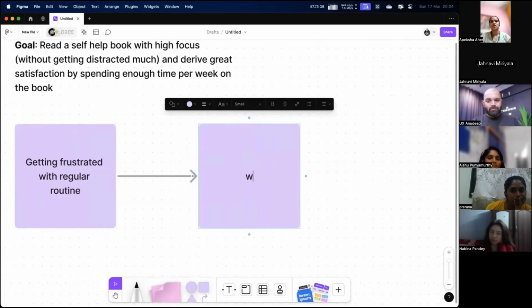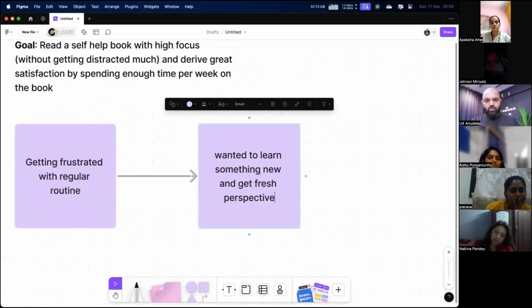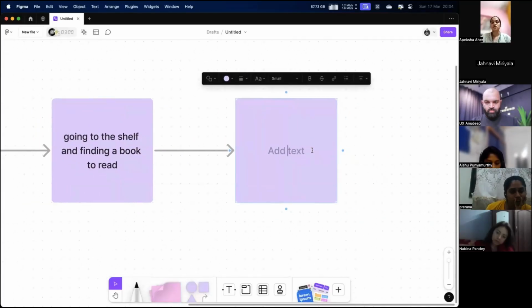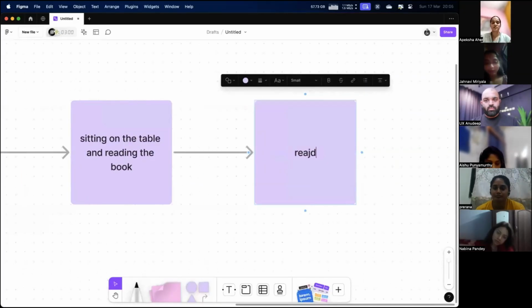Wanted to learn something new and getting a fresh perspective. Okay. Then going to the shelf and finding a book to read. Okay. Then sitting on the table and reading a book. Okay. While reading the book, getting sleepy. I am not able to focus.